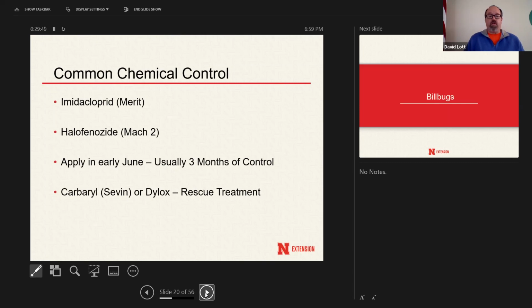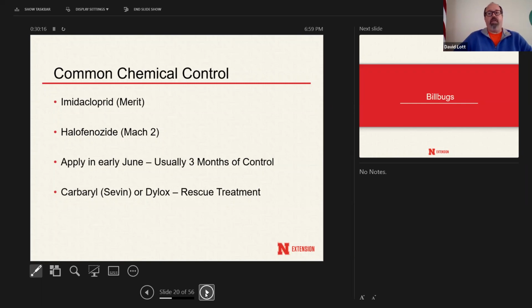You may see literally a bag of Merit, or you will have a weed and feed that contains Merit or contains Mach 2, as a combination product. And so we're going to apply that in early June or late May, and that usually gives us summer-long control. Sometimes we will see southern masked chafer damage in September, so that's something to think about.